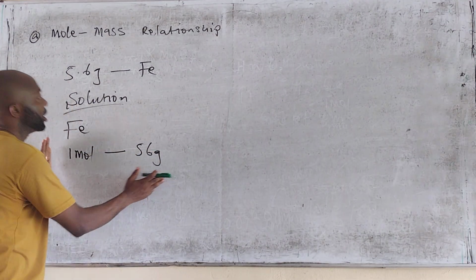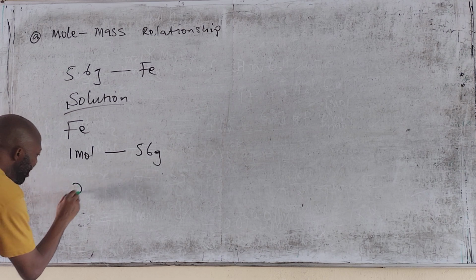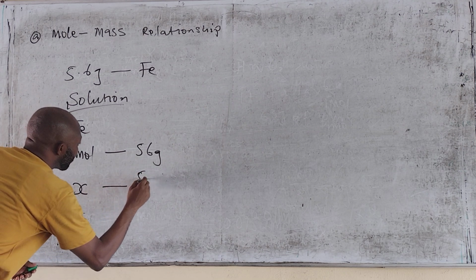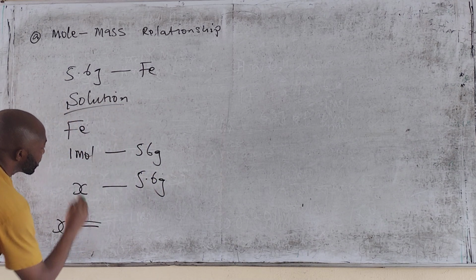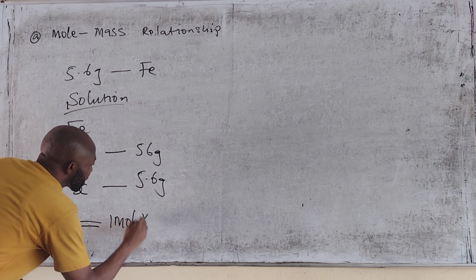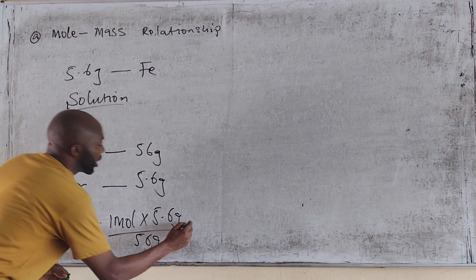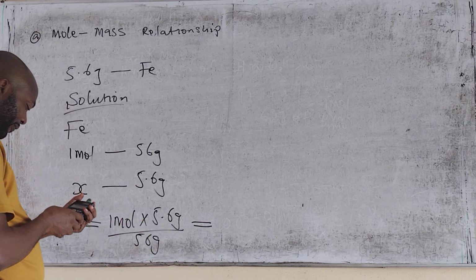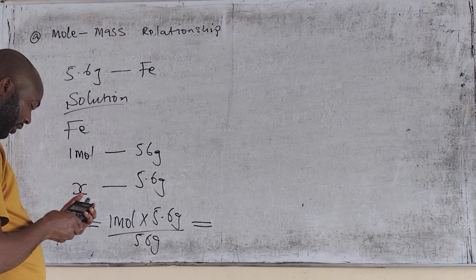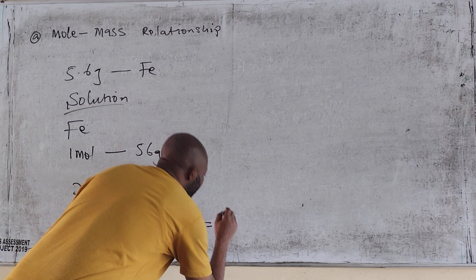I established this. Then the question says, how many moles of iron can be gotten in 5.6 grams? So if I make X my subject, this is equal to 1 mole times 5.6 gram over 56 gram, and this is equal to 5.6 divided by 56, which is 0.1.